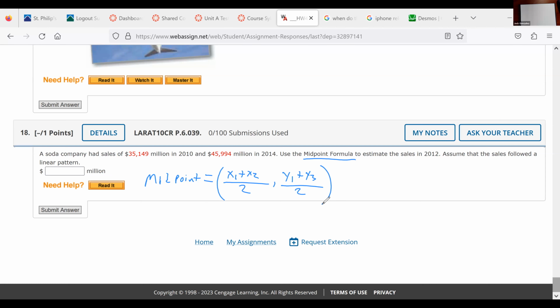To just find the amount of cells, because the midpoint of 2010 and 2014 is 2012, right? If we assume that 2010 is year 0, then 10 would be out here. 1, 2, 3, 4, 5, 6, 7, 8, 9, 10.